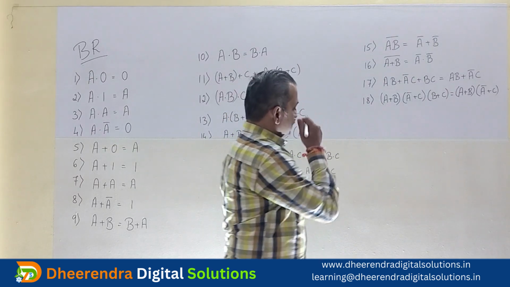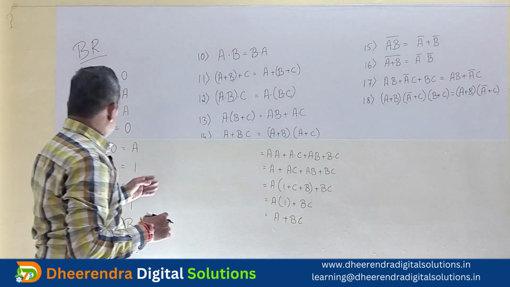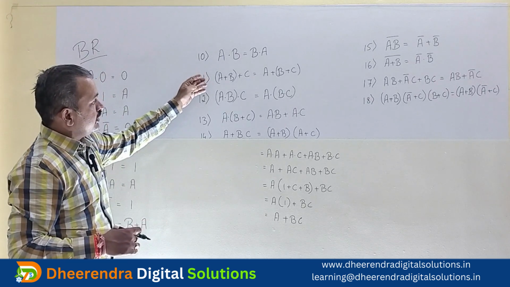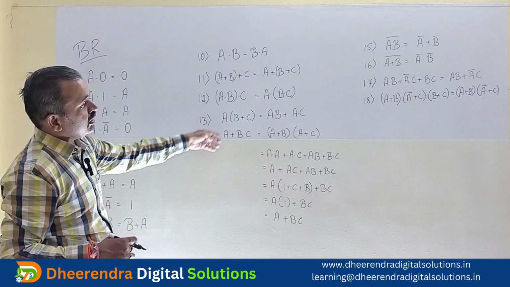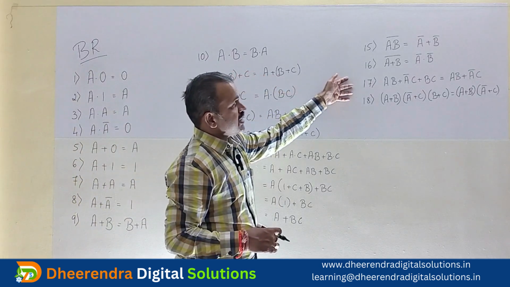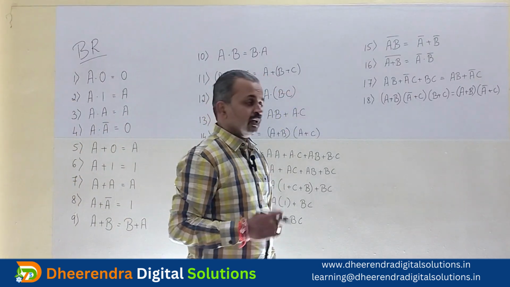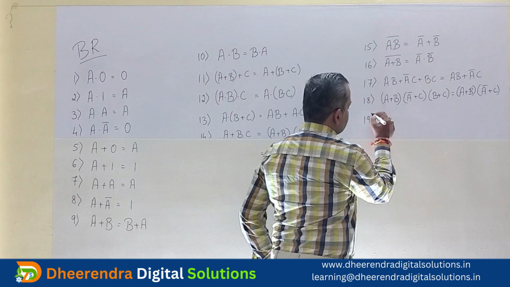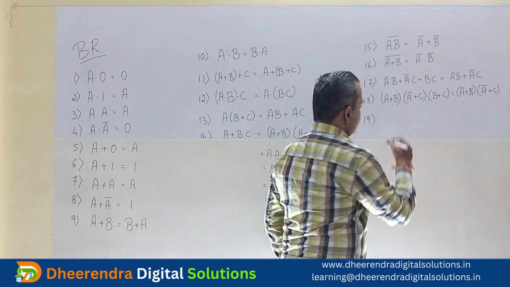Then we have seen the associative property, we have seen the distributive property over here, and we have seen the Shannon's theorem. Now, let us look at the last two, which are the most important ones.